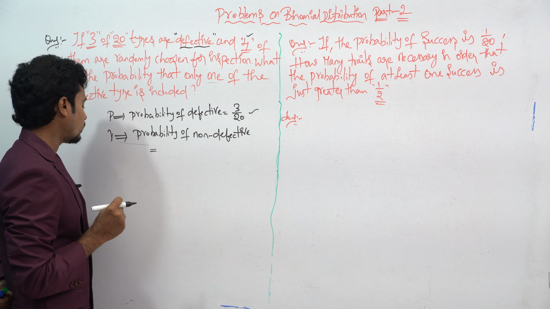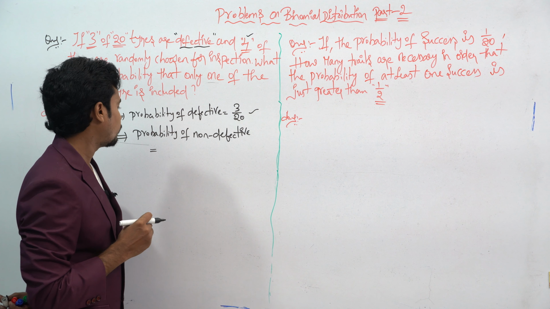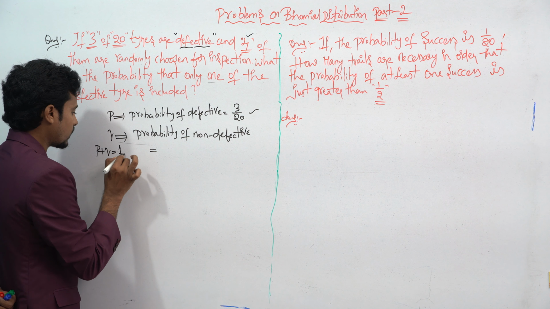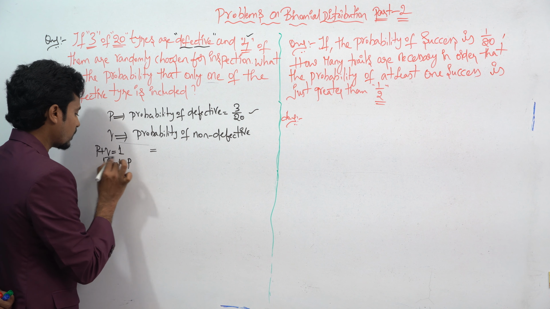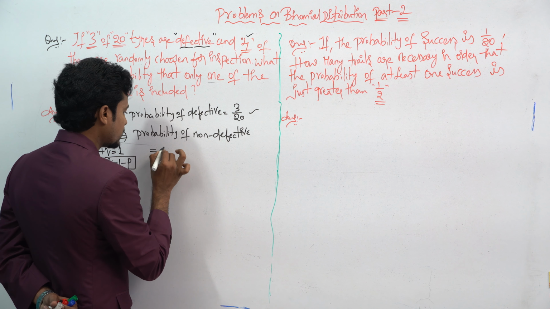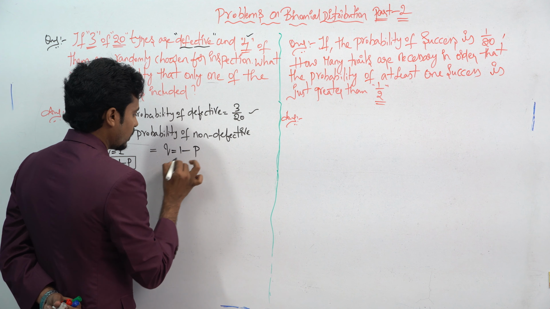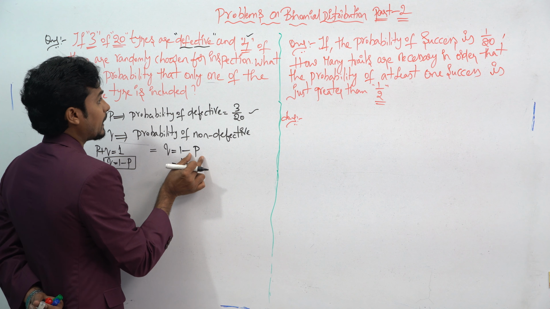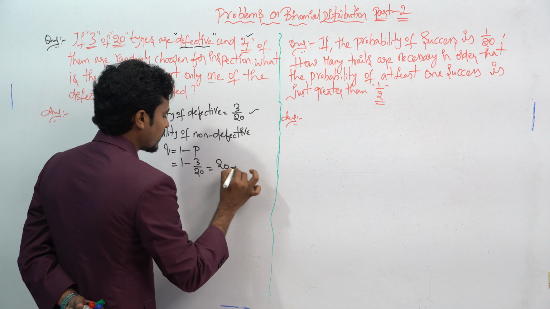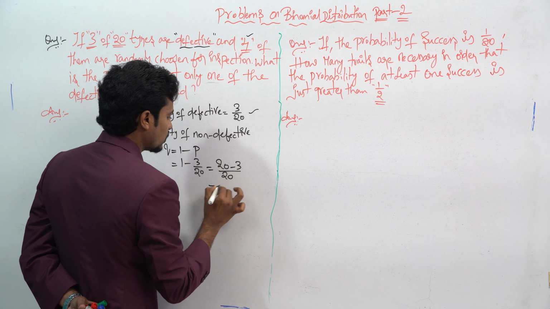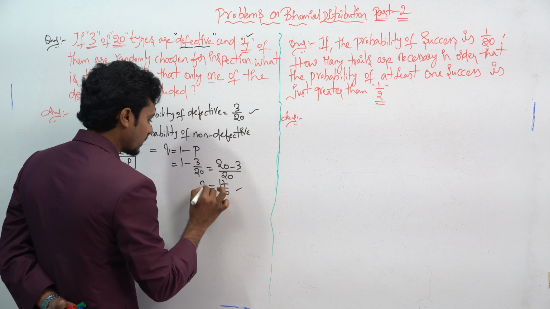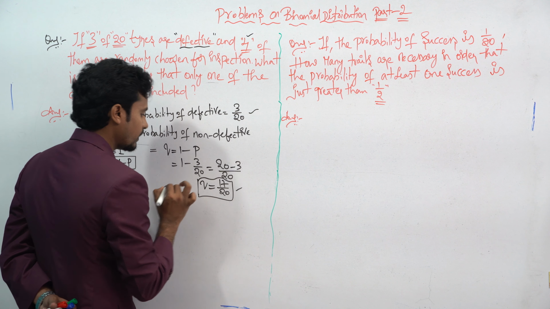You don't know it directly, but from the formula we can find Q. P plus Q is equal to 1, so Q is equal to 1 minus P. You already know P is 3 divided by 20, so this becomes 20 minus 3 divided by 20, which is 17 divided by 20. So Q is 17 divided by 20.